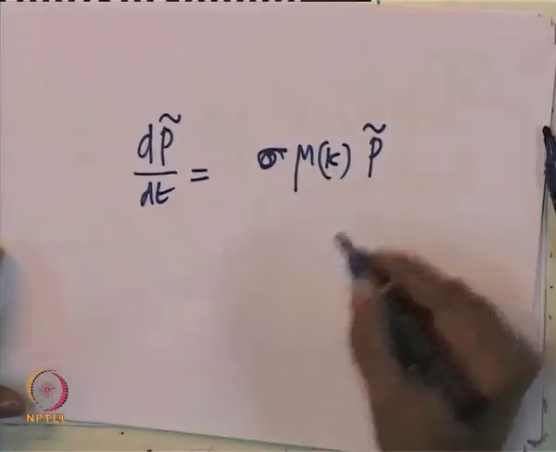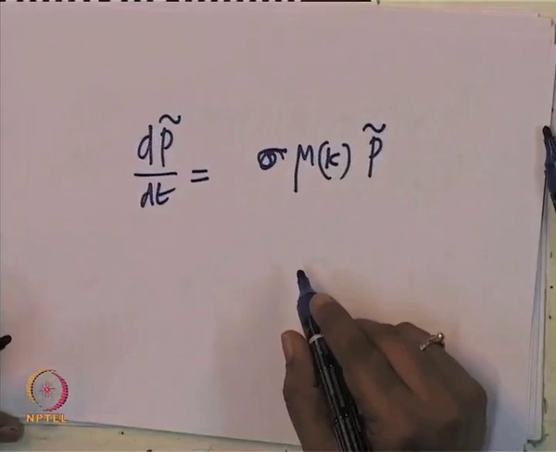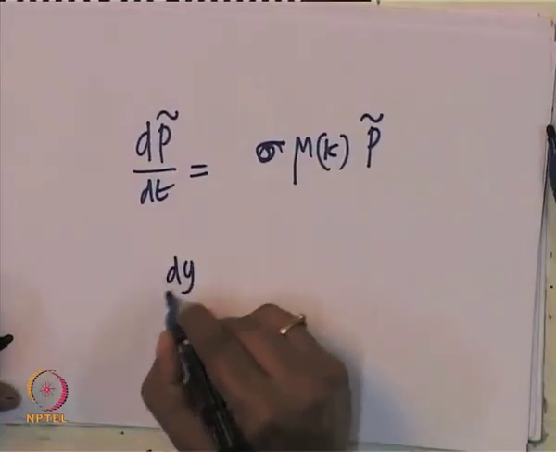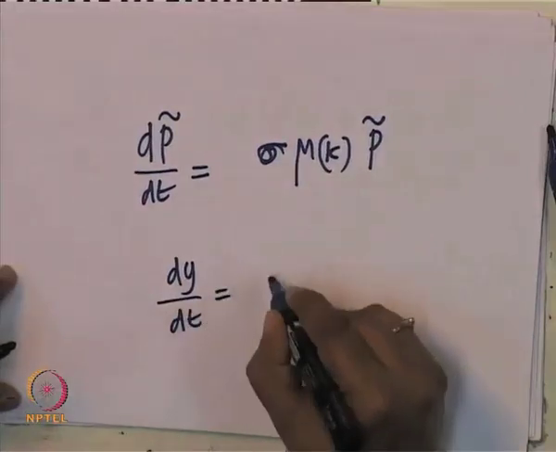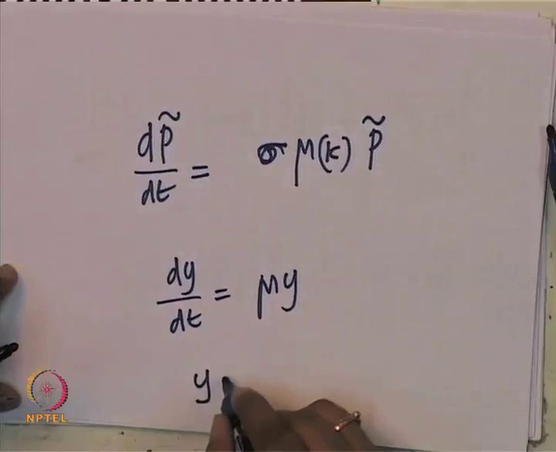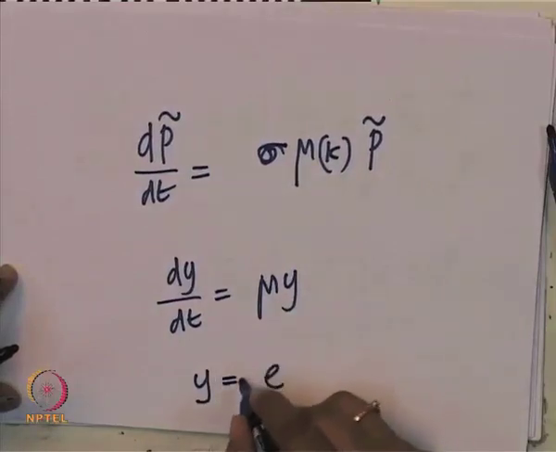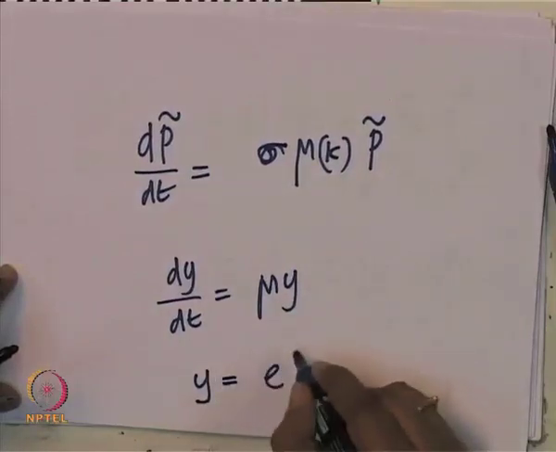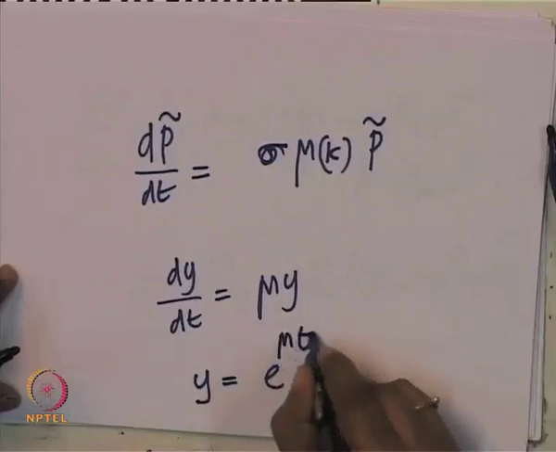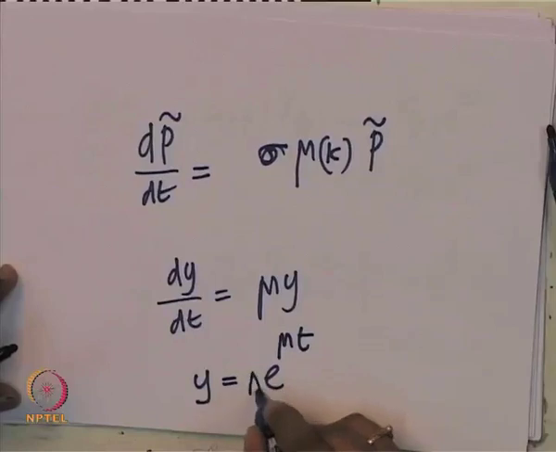If we have such an equation, you can easily find the solution. You know that if you have dy by dt is equal to mu times y, the solution is y is equal to y 0 e power mu t, with some constant a here.